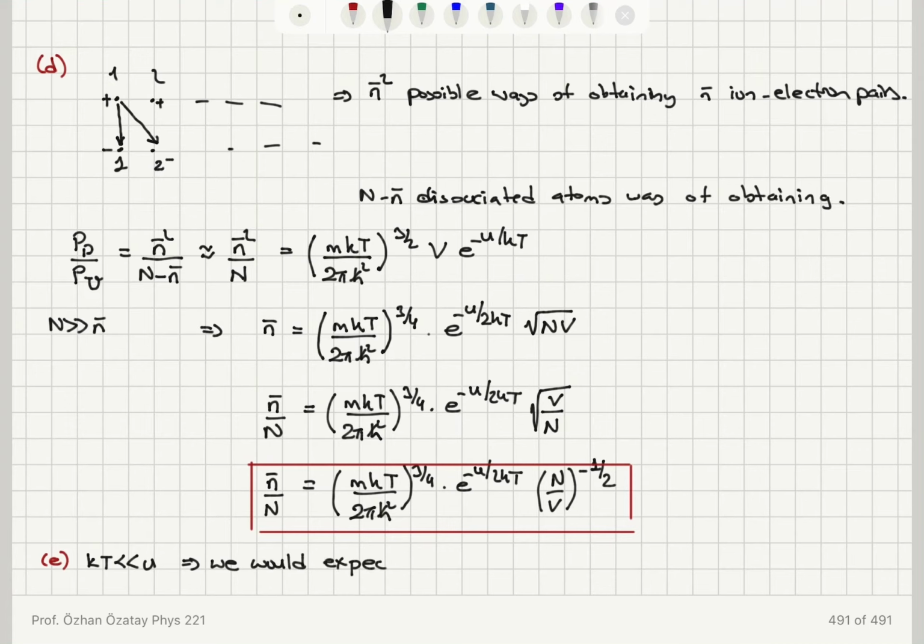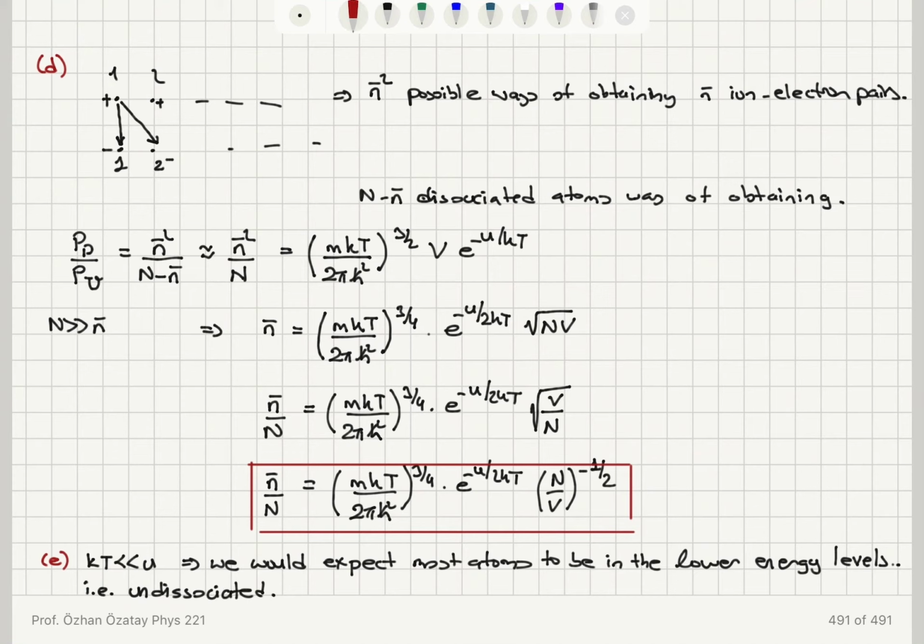Because the ionization requires some energy, we would expect most atoms to be in the lower energy levels, close to the ground state, i.e. undissociated, because it requires some energy to break the bonds and release the electron and the ion.